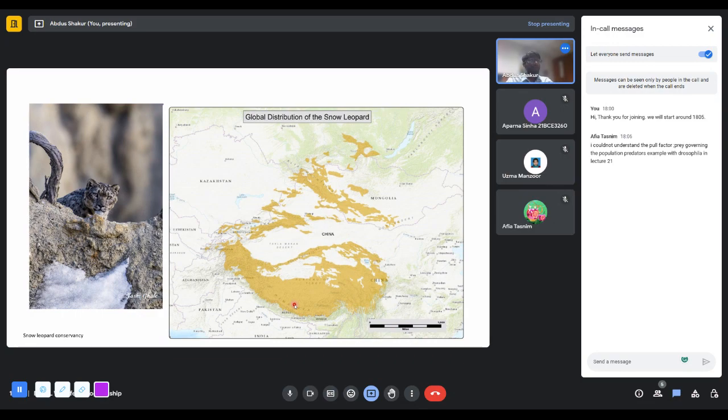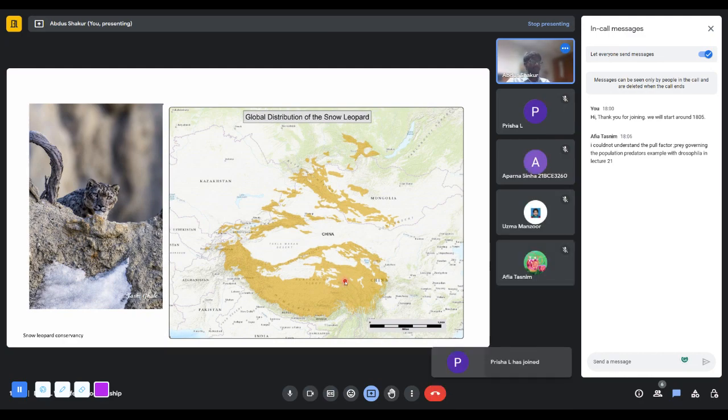So that might be one reason you are seeing the snow leopard there. The other reason could be prey, because it has to eat something, right? Where there is prey, the snow leopard can be present. There can be any number of reasons why a species is distributed the way it is. Or it just happens that when leopards started dispersing from their ancestral home, they happened to colonize these areas and then specialize in this habitat.